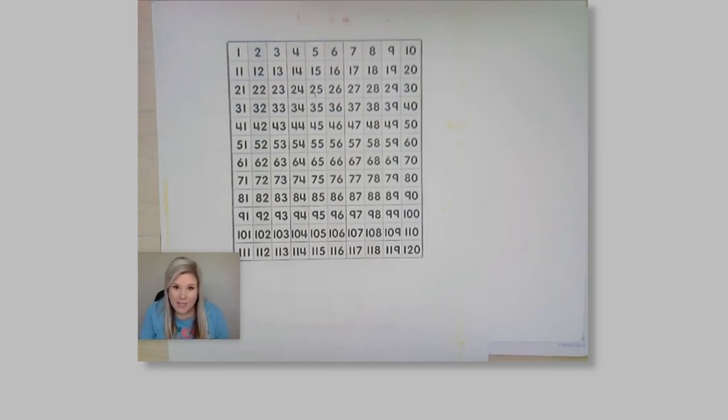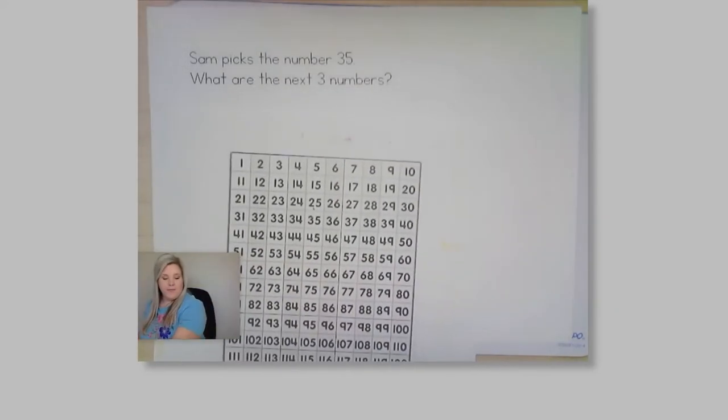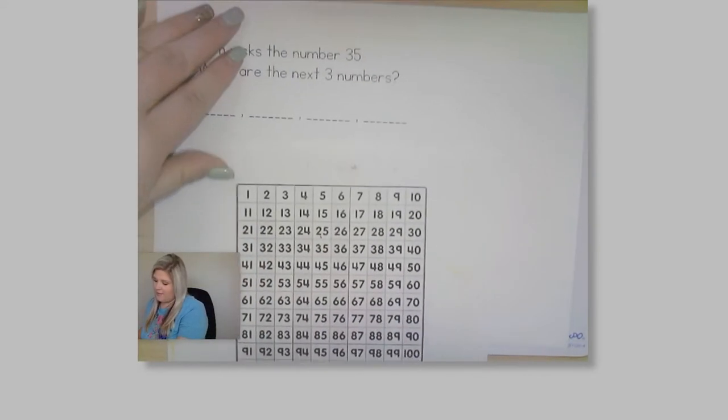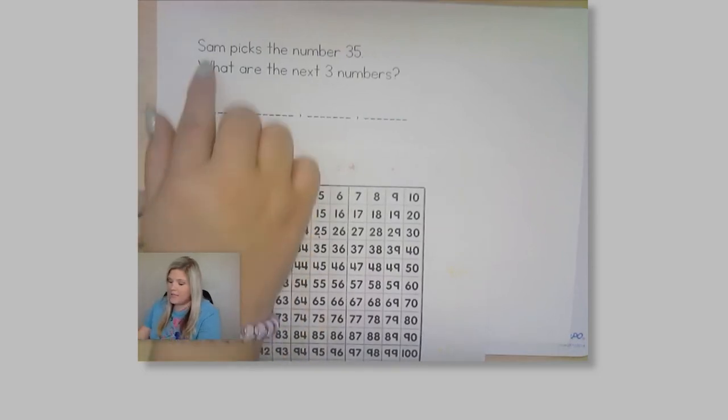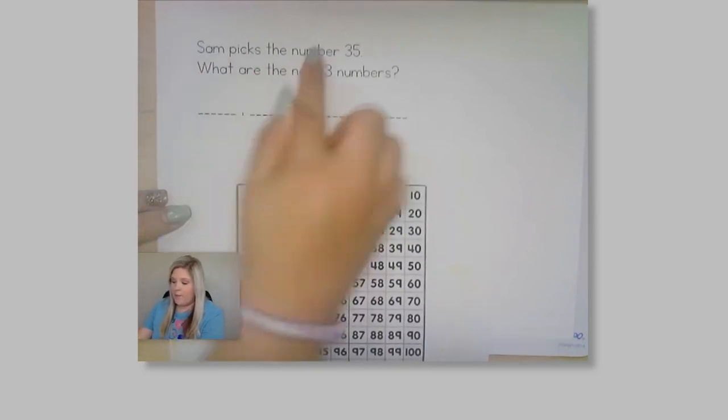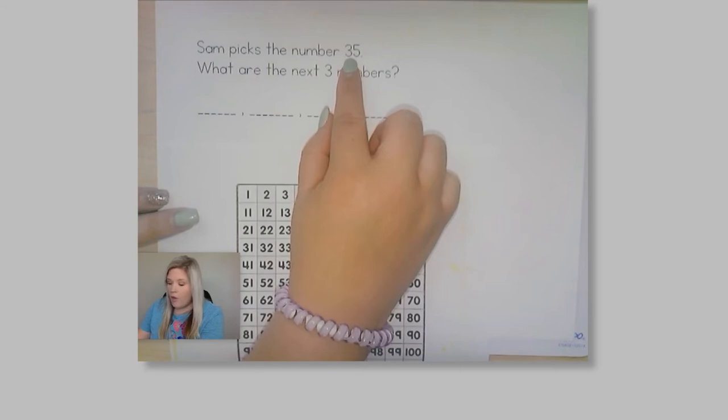Now, let's take a look at a problem. I'm going to need your help using the 120 chart to count. Will you help me? I knew you would. Sam picks the number 35.